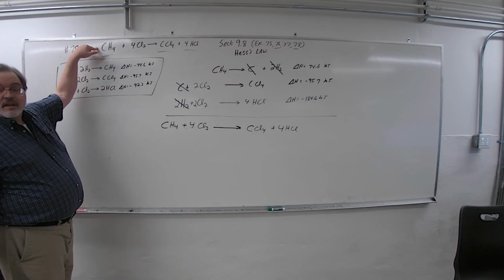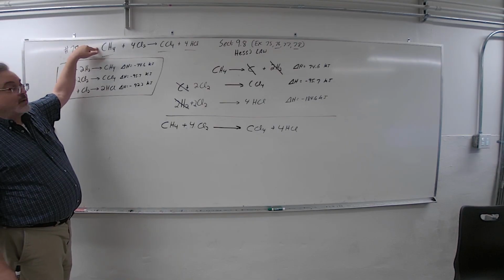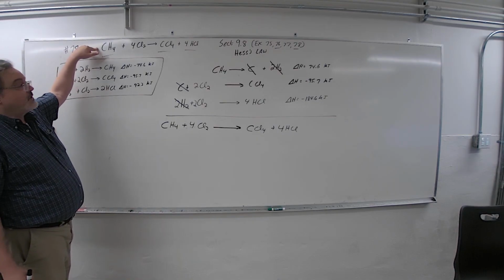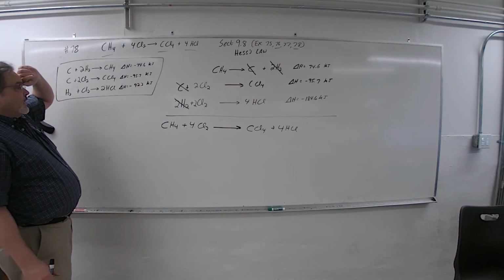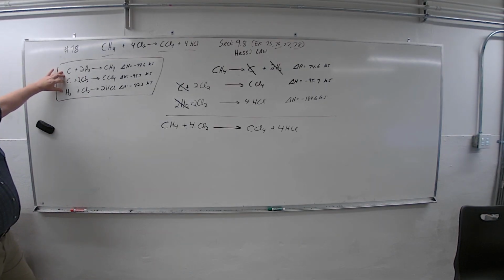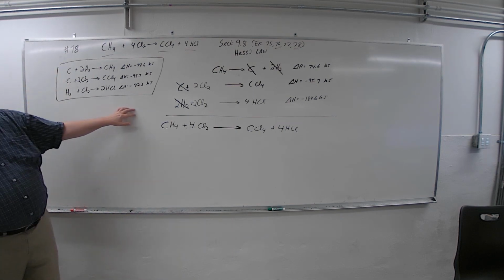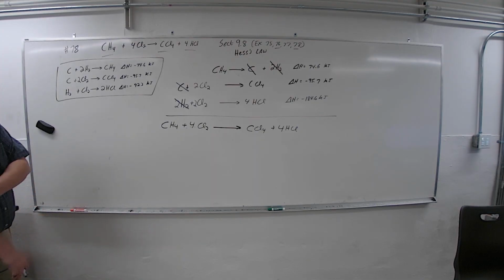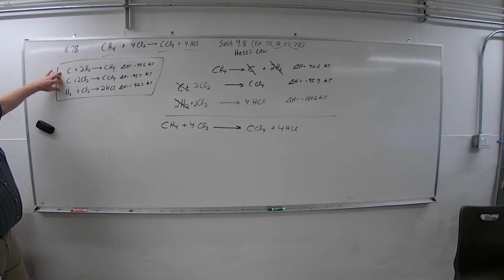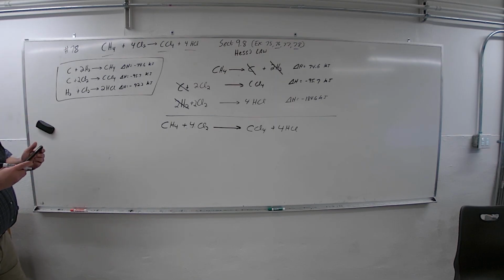This does take a little thinking. You see me stumbling around, but you have to just work on it until you get to where you want to get. Typically, you're given everything you need here. Sometimes I've seen these with red herrings in them, with something you don't end up needing, but I don't do that. You're always given what you need here. And then the last thing to do is to add those up. 74.6 minus 95.7 minus 184.6.